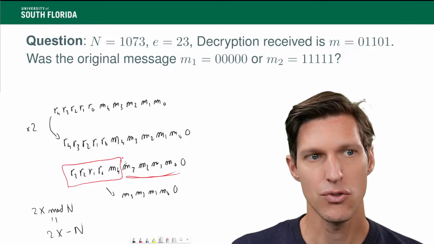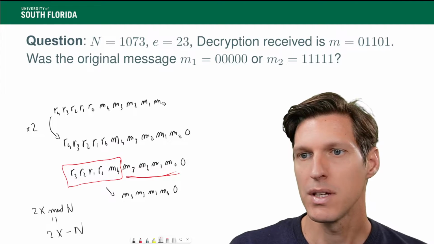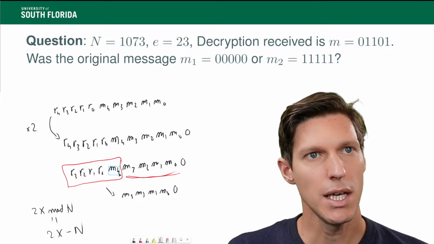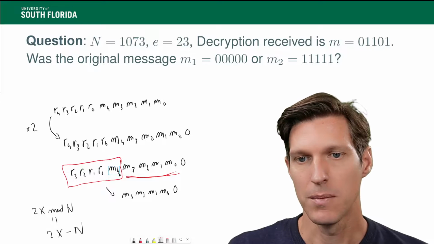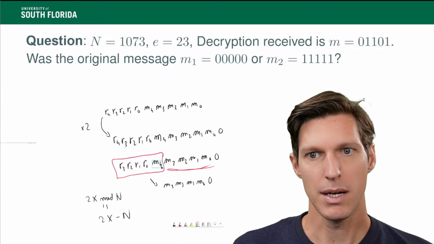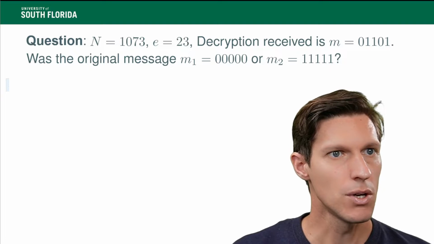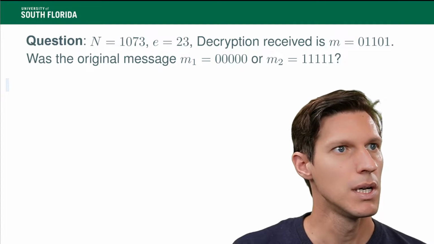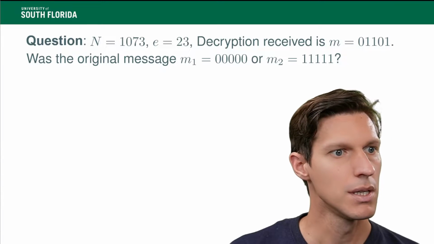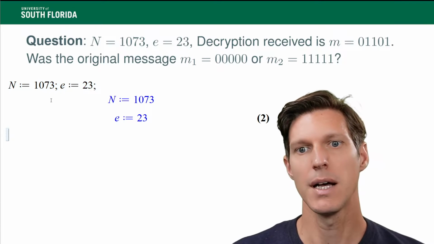So then I have to try to anticipate, for example, let's say I'm taking M2 and I need to anticipate what happens for M2 if I get a non-trivial modular reduction. So let's try it out with Maple, okay? So here with Maple, I'm going to copy here the parameters. Okay, so this is n and e.